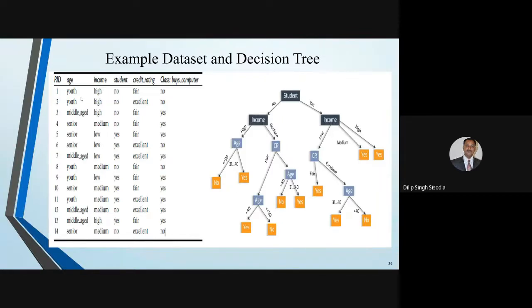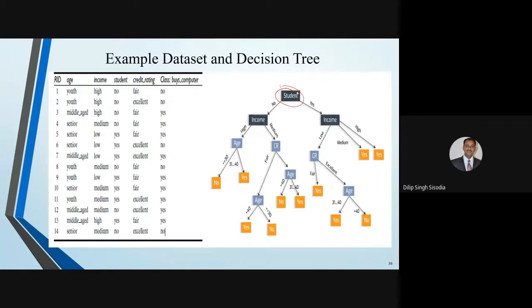Why did we select student as the root node? Because initially all the attributes are available: age, income, student, credit rating. So the first question is how to select the splitting node. Obviously the first split will be performed on the root node. How do we select it? For that we use information theory.